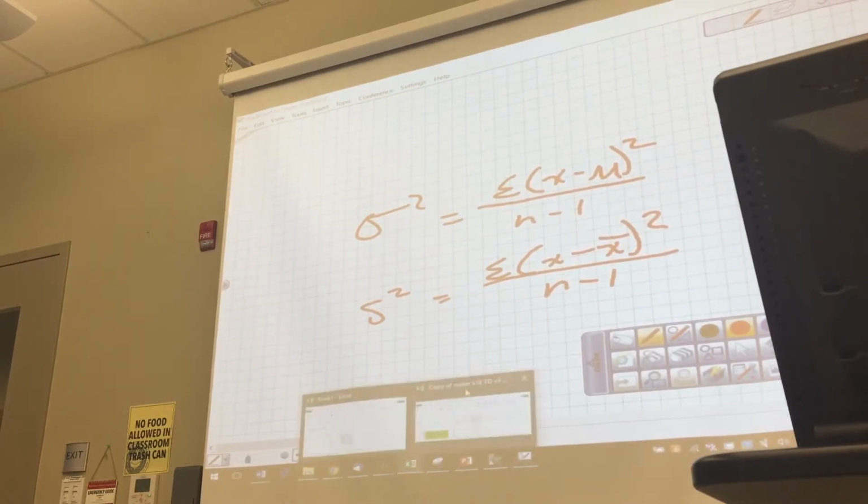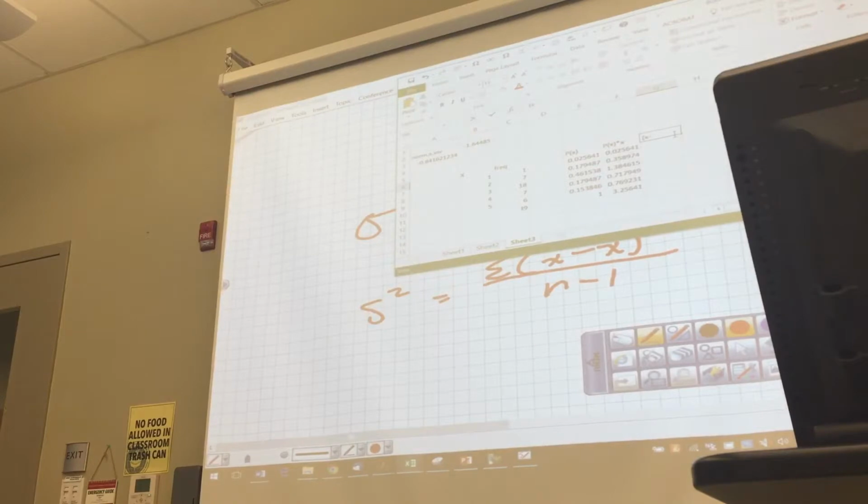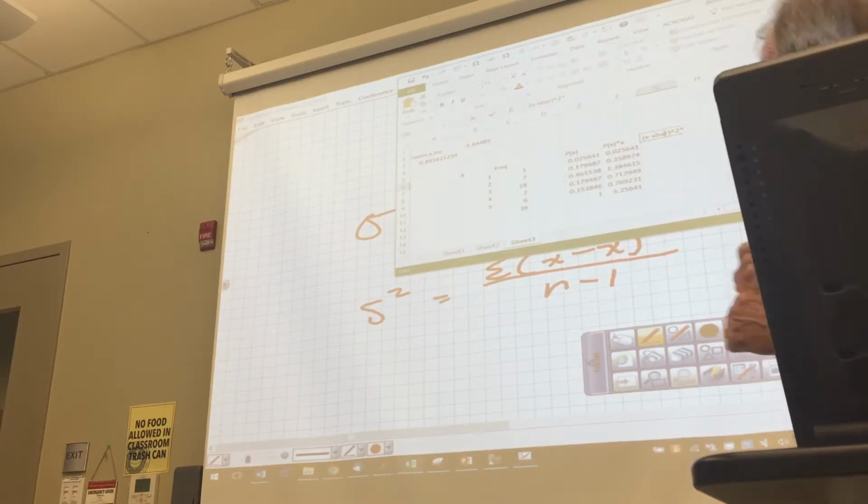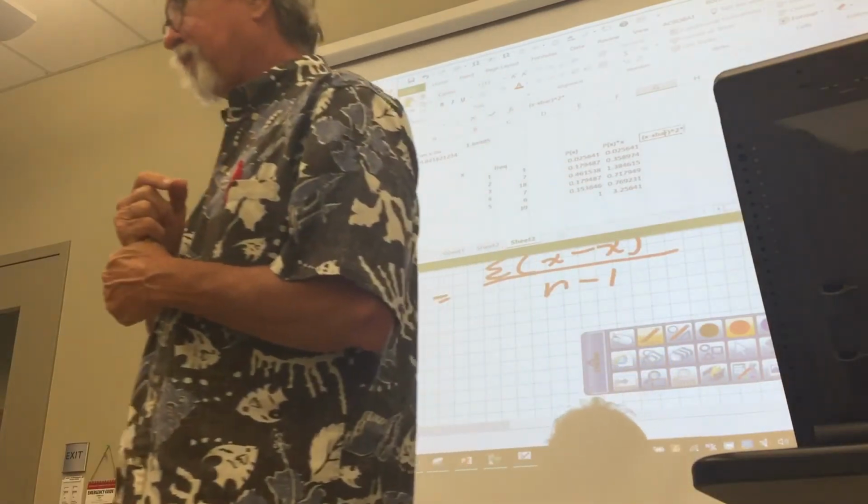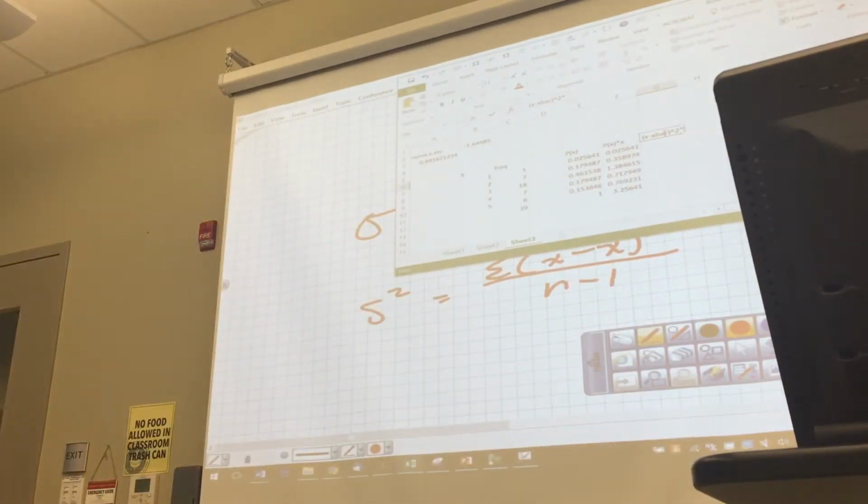So if I go back to this table, that's going to be X minus X bar squared times something. What am I going to multiply that by? What other column am I going to multiply by in this table? The probability.